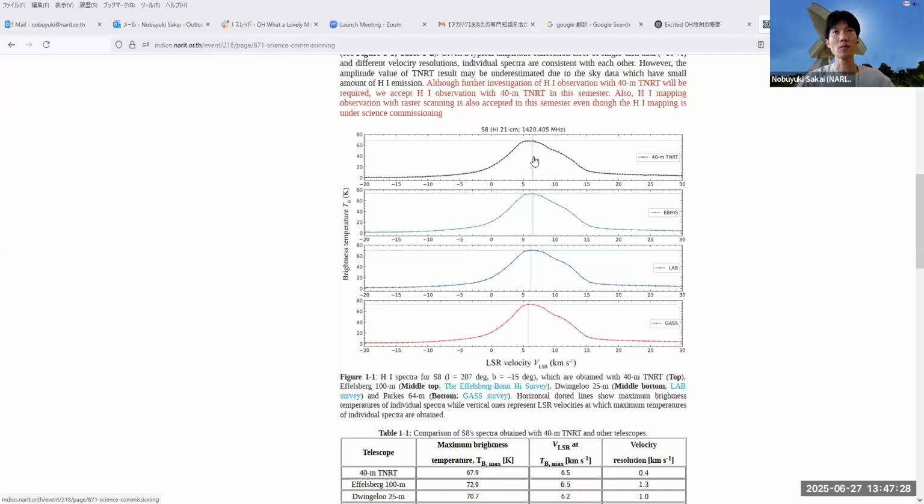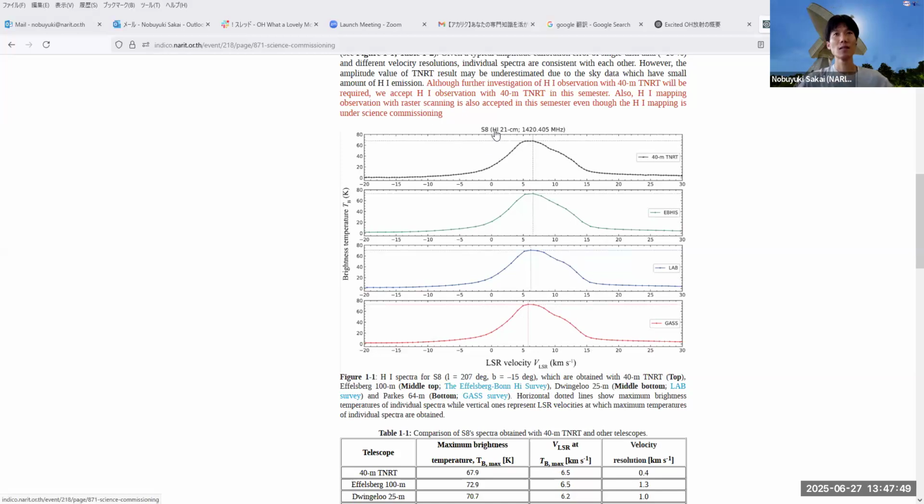Yeah, I'm sorry, I missed the talk at the late session yesterday. Maybe this is already covered. Yeah, this shows our H1 spectrum, and we compared this with other results obtained by Effelsberg, LAB, and the GASS survey, so maybe Parks and Dwingeloo and Effelsberg.